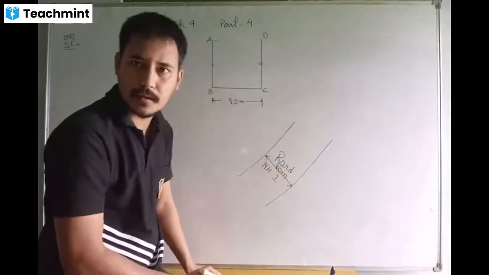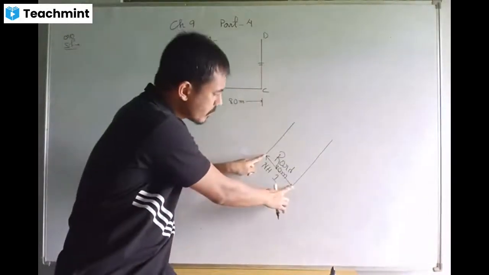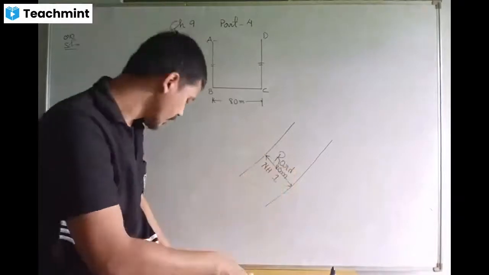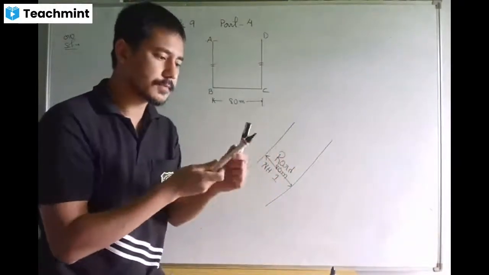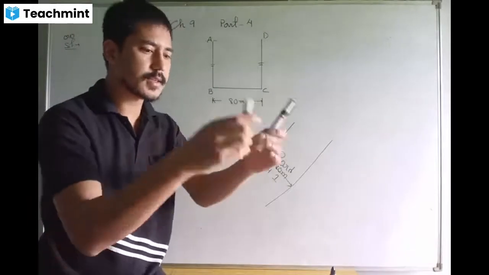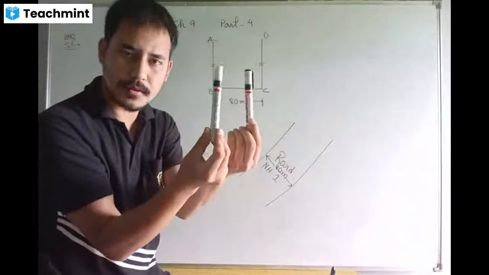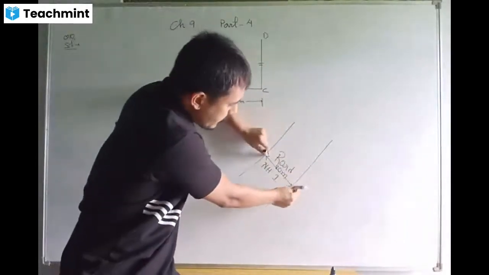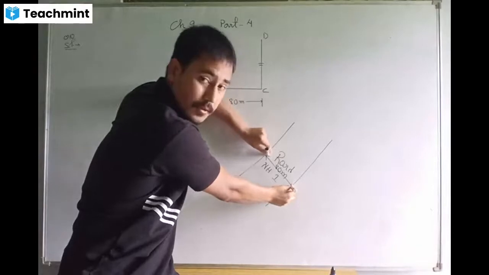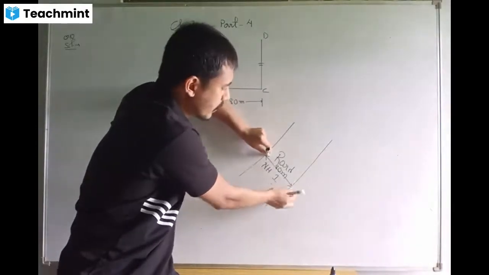And there are two poles of equal height standing opposite to each other. Suppose these are two poles of equal height, like markers of equal length. Just consider that these are poles. These poles are standing opposite to each other on the road, and the road is 80 meters wide.